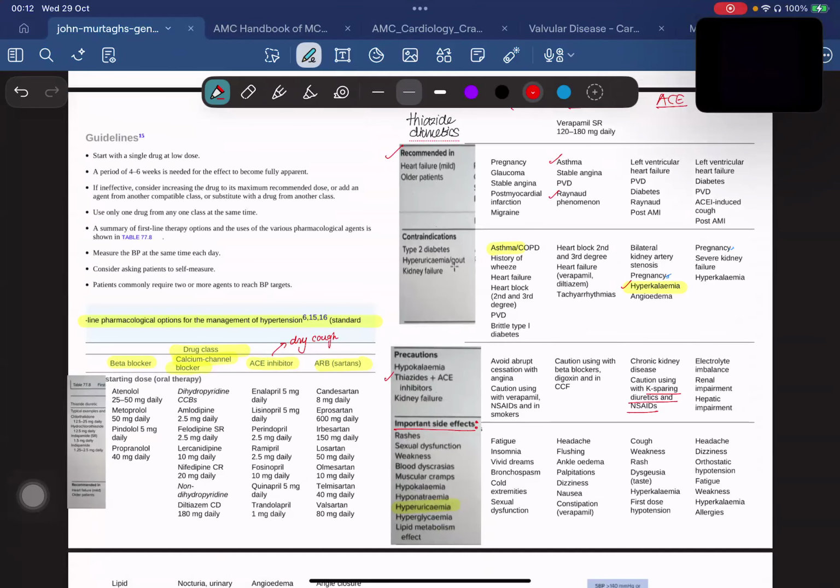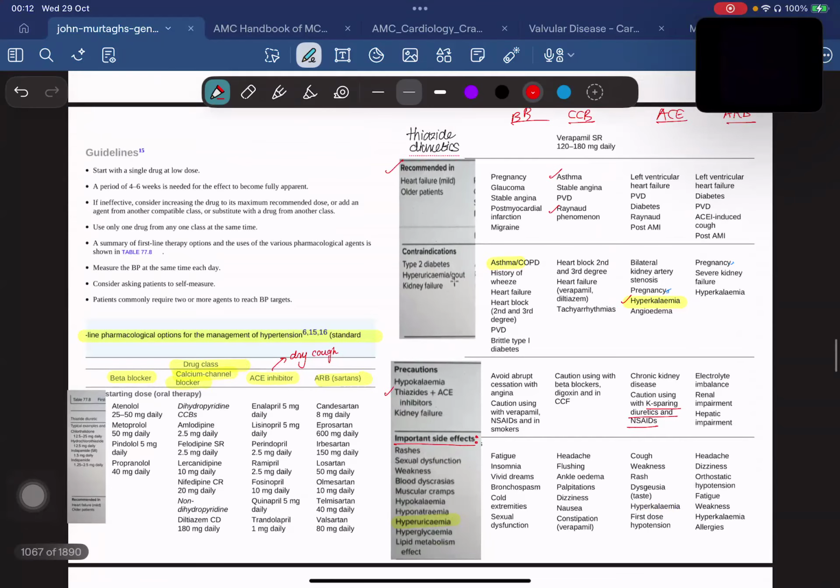This is a table that I printed. Now you can see beta blockers, and as you go down you see the contraindications, especially asthma, because the AMC is very tricky and will put you through an asthmatic child and then make you want to select beta blockers somehow.